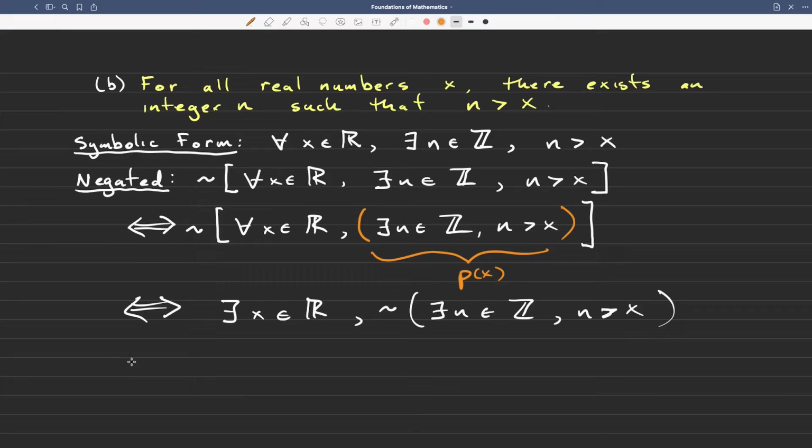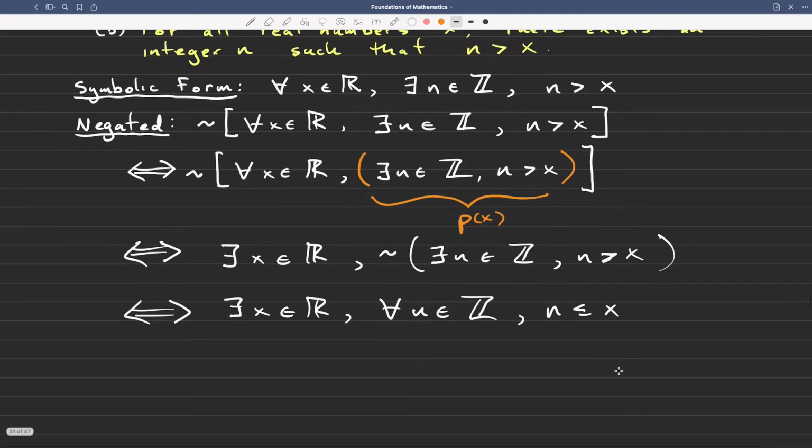So that's going to look like there exists an x in the reals, which just comes along for the ride. Then it becomes for every n in the integers. Now we've got to negate n is greater than x. If you think about it, the opposite of n is greater than x is that n would be less than or equal to x. So this will be n less than or equal to x when you negate n greater than x. And then that's it.